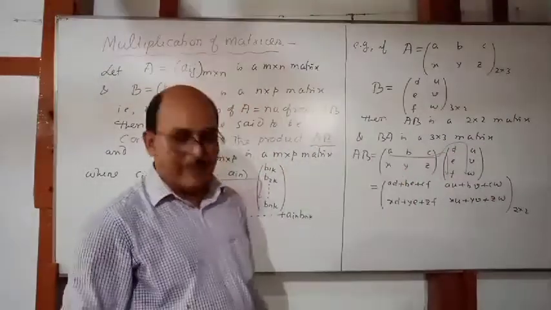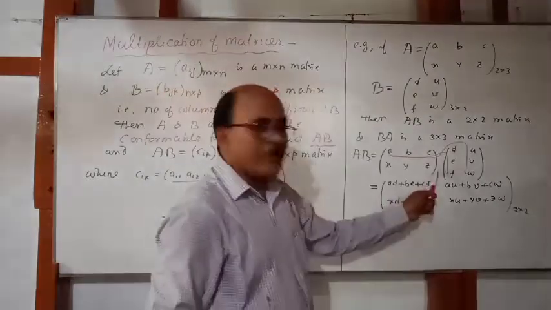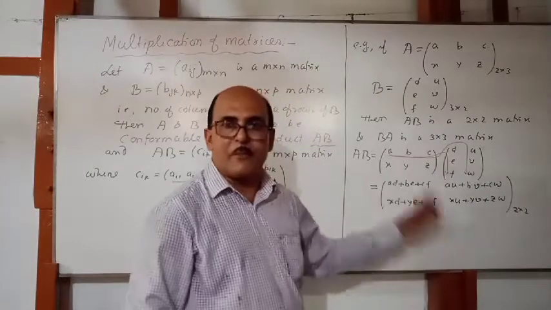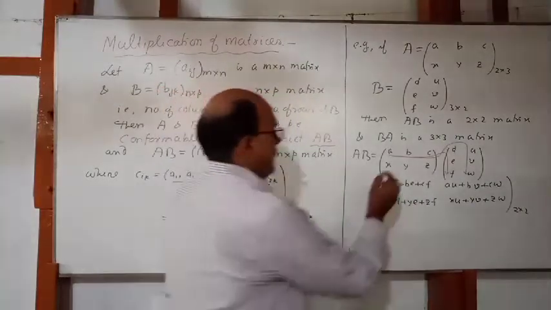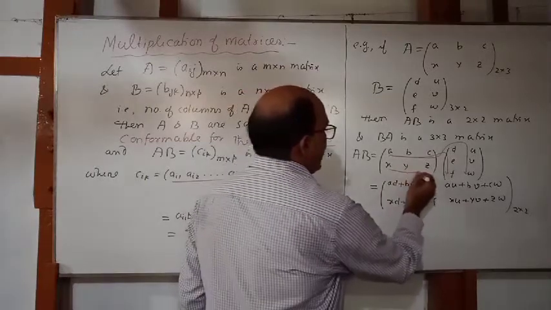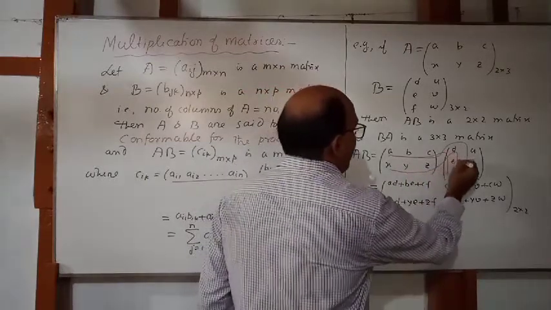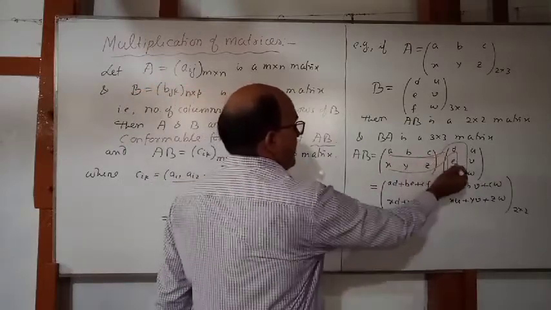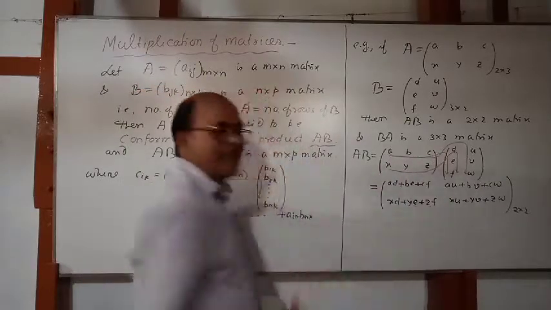Same action now we shall take with the second row. With the second row, if we multiply, we shall get the second row. If there is a third row, we shall get a third row, but here only 2 rows. So same action we take with the second row. This time XYZ will be multiplied with DEF: X into D plus Y into E plus Z into F. See?